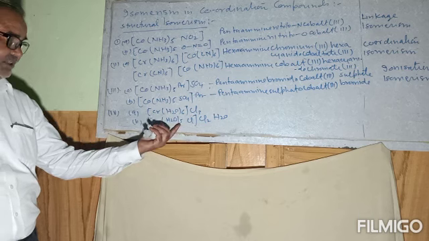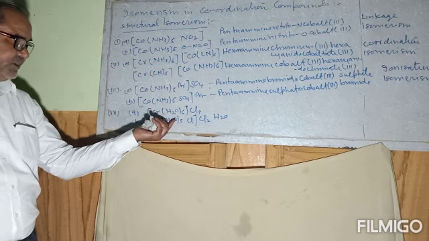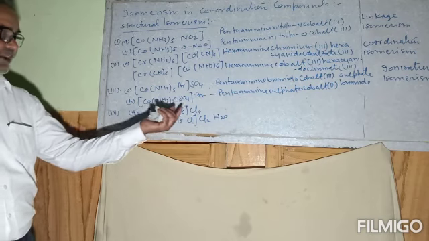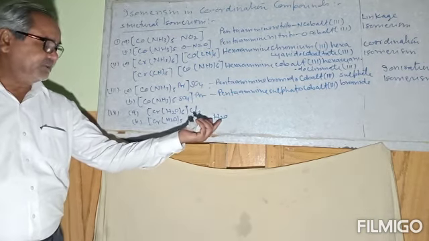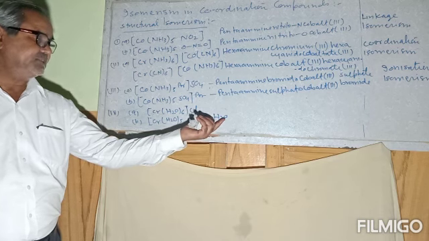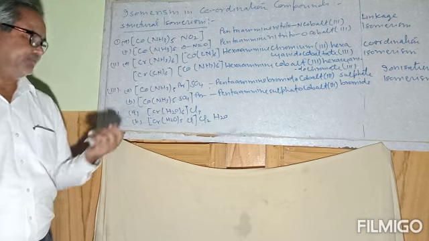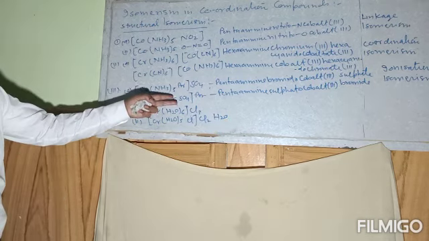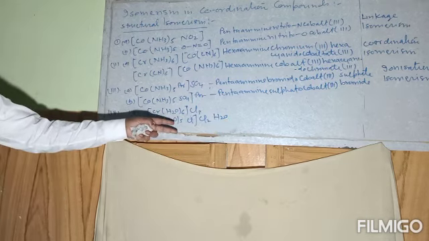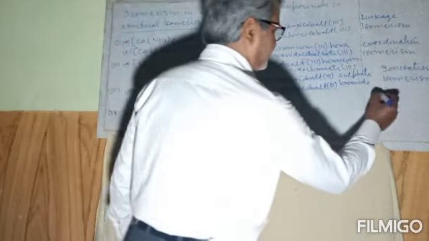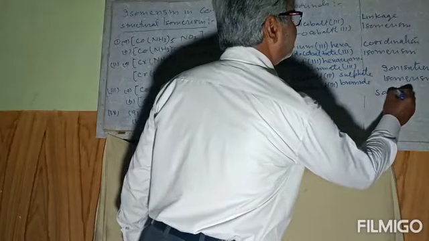And here, in this example, 5 water molecules have coordinate bonds with the central metal ion, and 1 molecule is present as a free molecule in the crystal lattice. So this is the difference between the two. Such type of isomerism is called solvate isomerism, and this is particularly an example of hydrate isomerism.